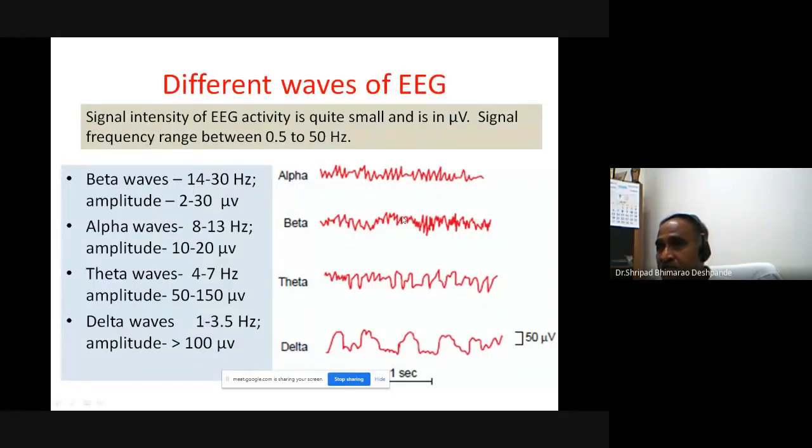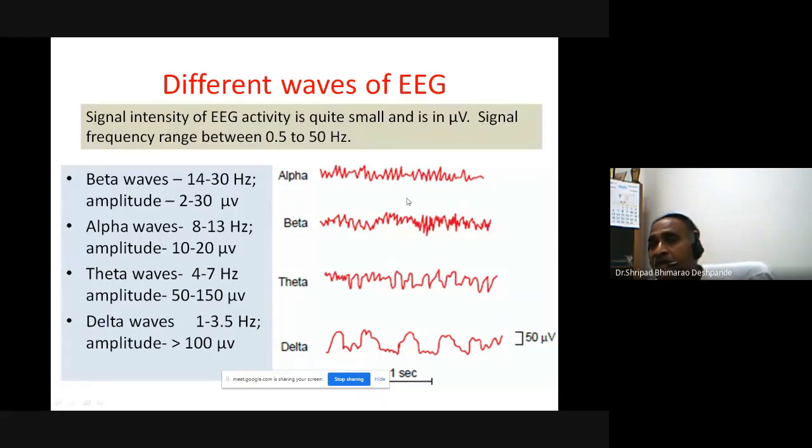You can see the frequency of these waves is high. They are totally asynchronous, not very regular in pattern. These are beta waves. They are 14 to 30 hertz, and amplitude is 2 to 30 microvolts depending upon the situation.